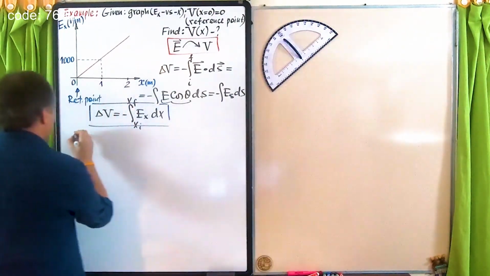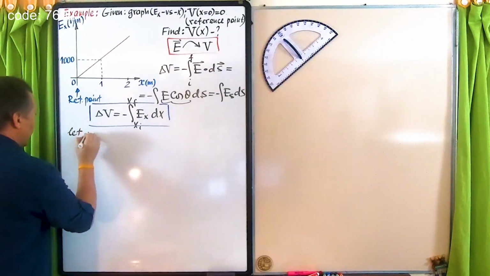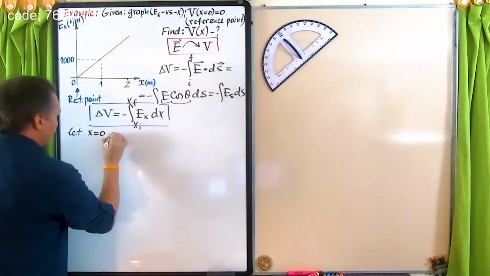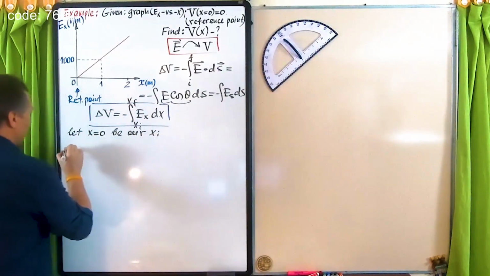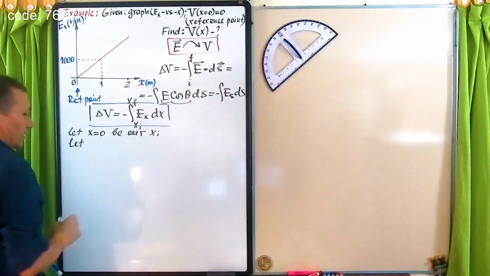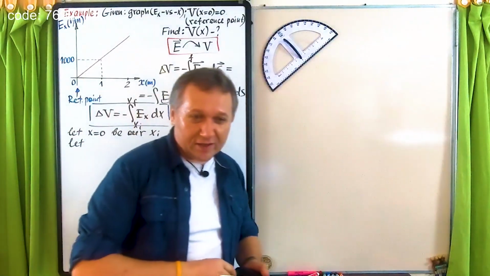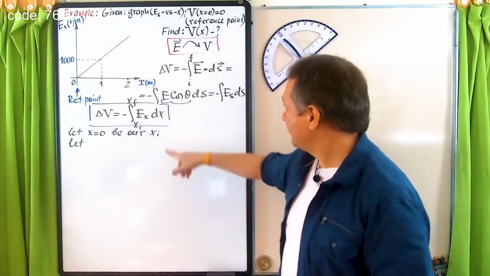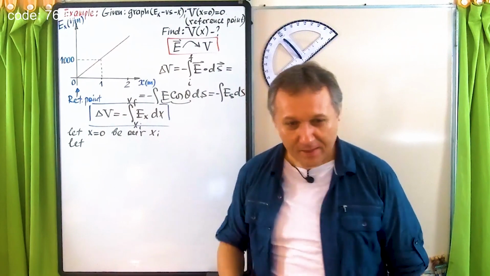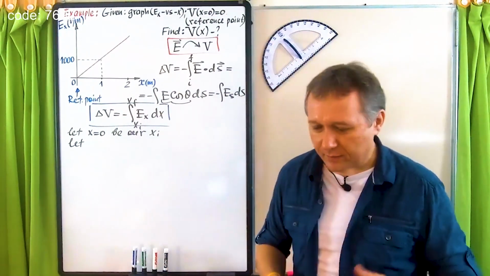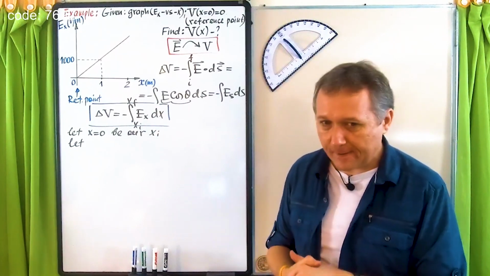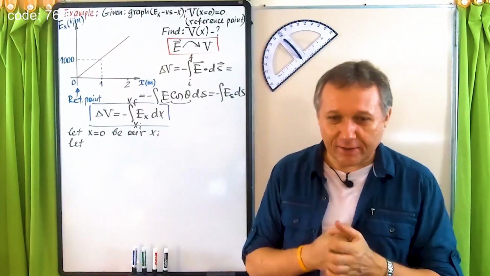So let x equals 0 be our x initial. And then which point should we take as the final point? Which point should we take as the final point? Again, when we have normal class lectures in the lecture hall, I usually try to get that out of students.